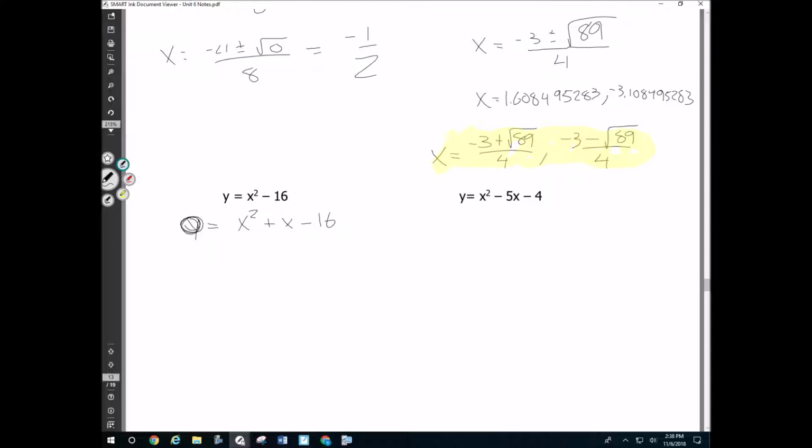The graph crosses through the x-axis twice. I know this is true because b squared minus 4 times a times c is positive. Negative 16 times 4 subtracted from 1 is a positive value. So that means I do have two solutions. Let's find those two solutions using the quadratic formula.